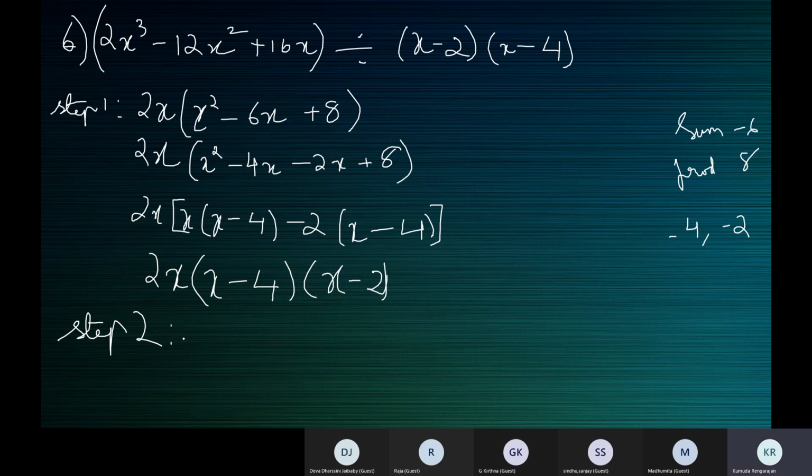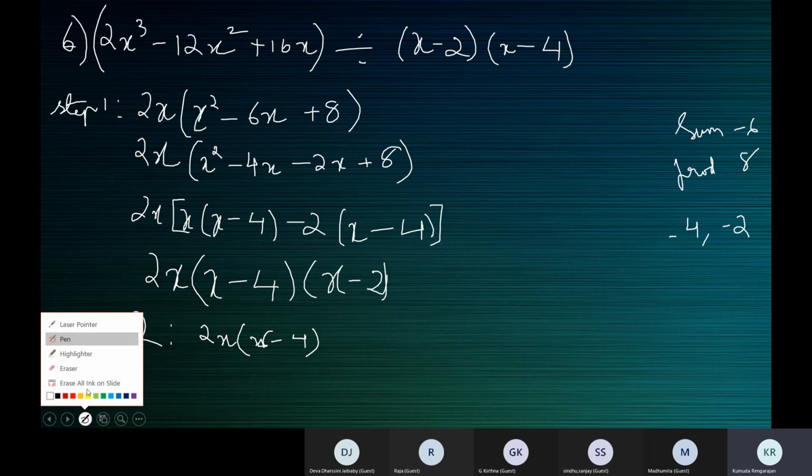Step 2 is division. Step 2 is the answer we get in step 1: 2x into x minus 4 into x minus 2, divided by x minus 2 into x minus 4, ma'am.